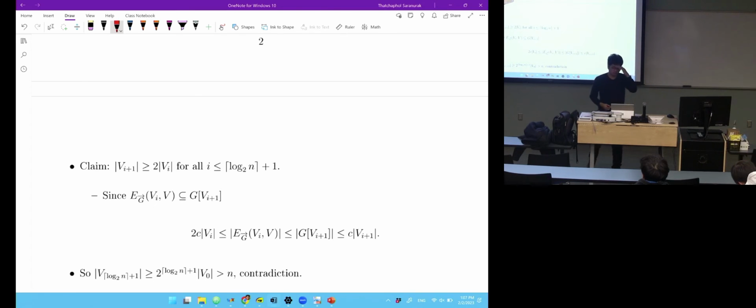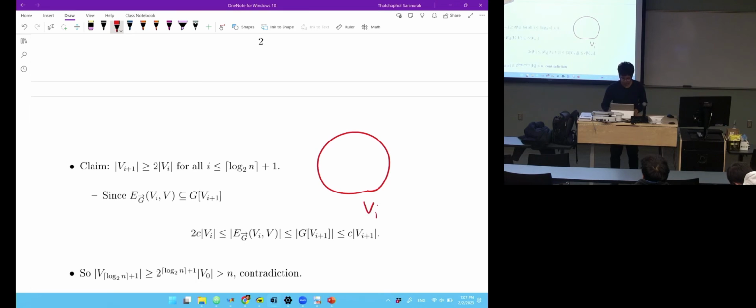The reason is that if you look at V_i here, let's consider all edges going out from V_i to any node. Some edges stay in V_i. Just collect all these edges.